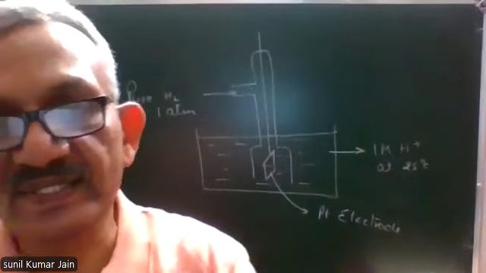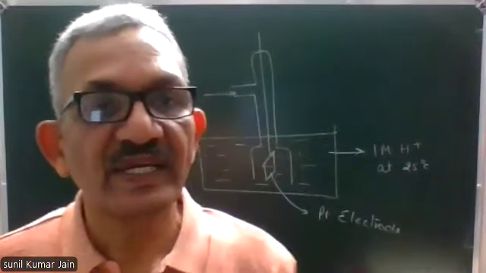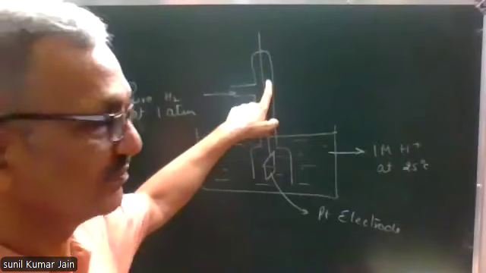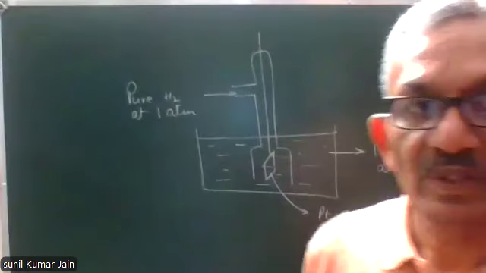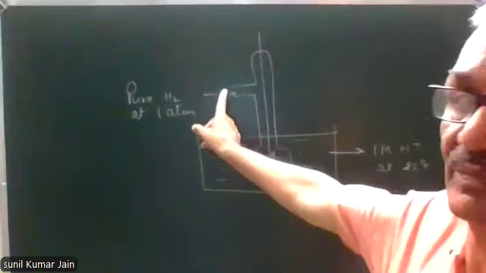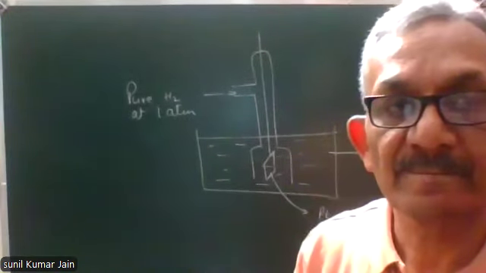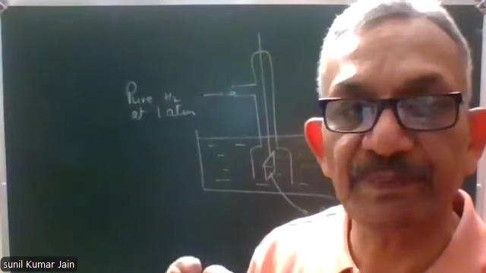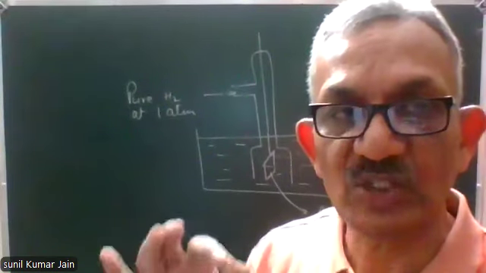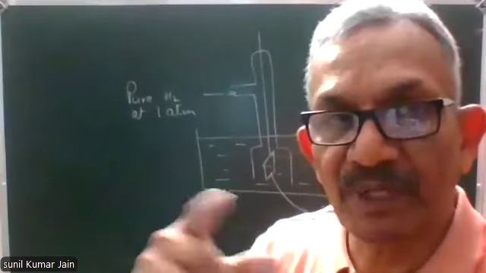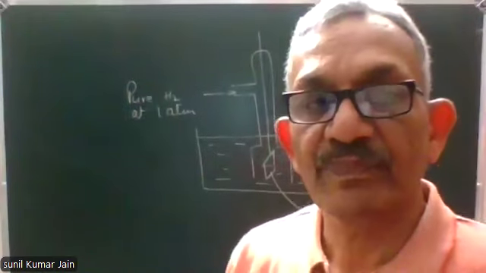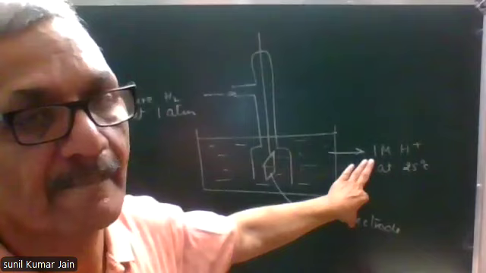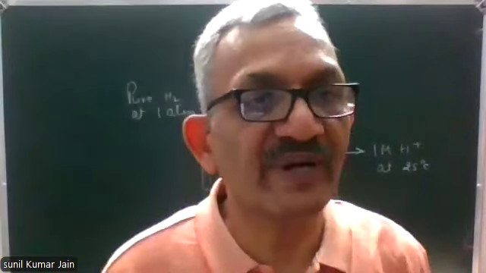It consists of a platinum electrode sealed in a glass tube, which has a side tube through which pure hydrogen gas at 1 atm pressure is passed and bubbled through 1 molar solution of H plus ions at 25 degrees centigrade.